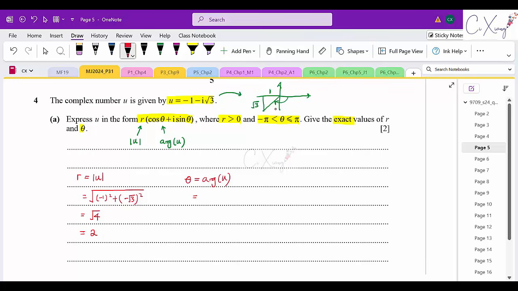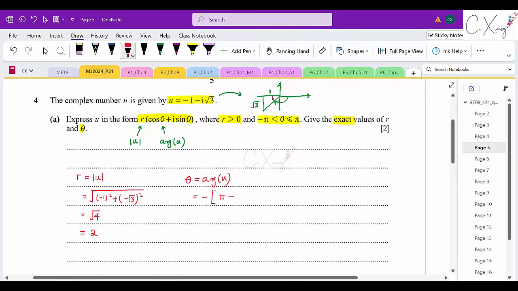The negative here means that we measure it in the clockwise direction. Anti-clockwise will be positive, but clockwise will be negative. So to get the answer, I have to put a negative in front of my calculation. Then I have to take pi, which is 180, minus the basic angle in the triangle that we have, which is this one.